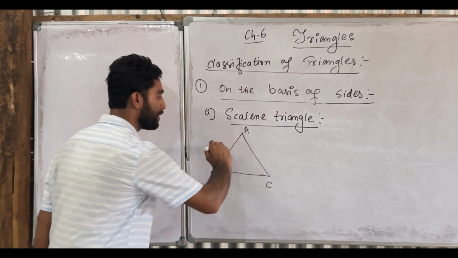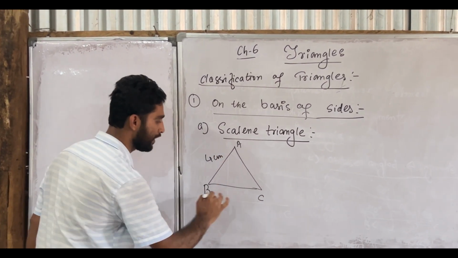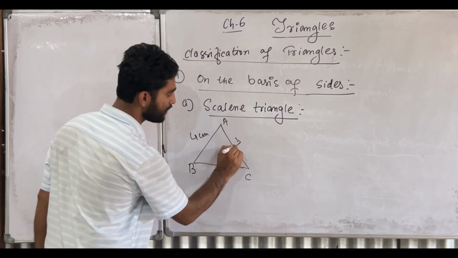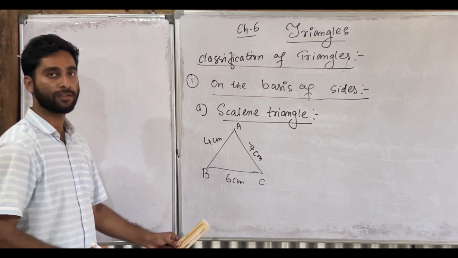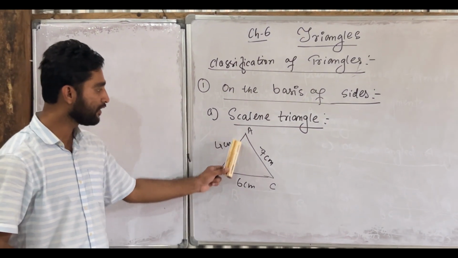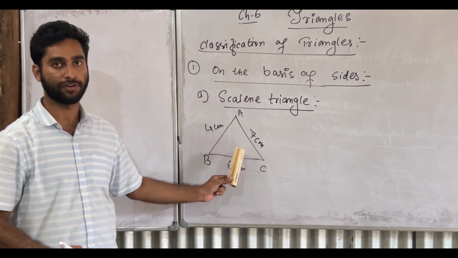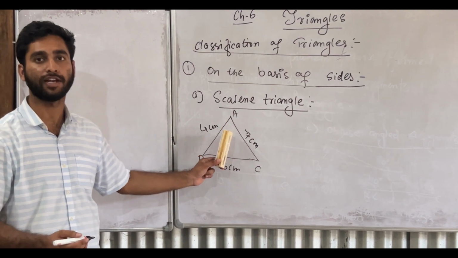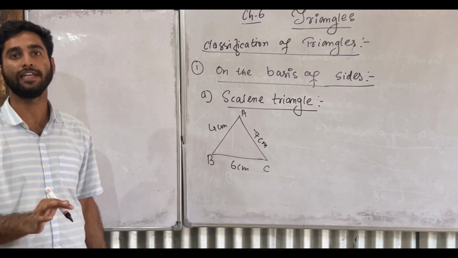Let's suppose the measurement of AB is 4 cm, BC 6 cm, and AC 7 cm. You can clearly see that all the sides' measurements are different. So if in a triangle all the sides are different, then this kind of triangle is called scalene triangle.